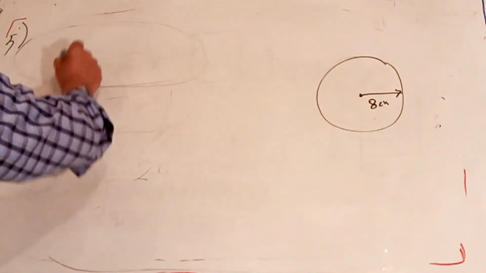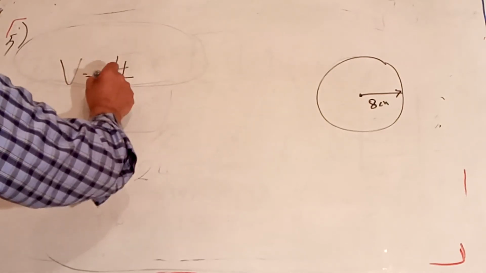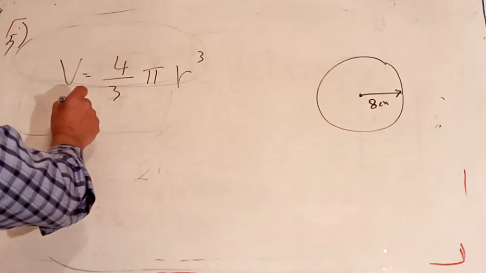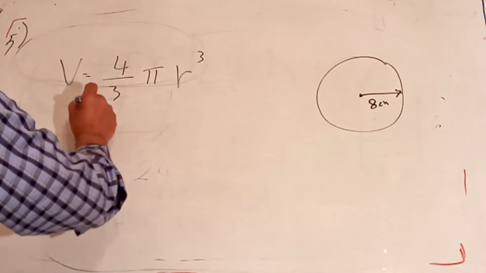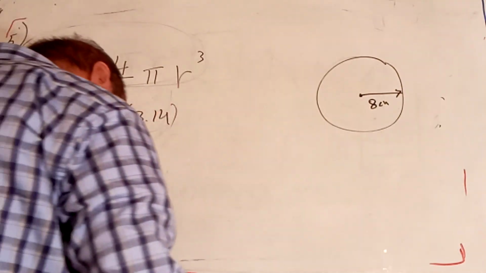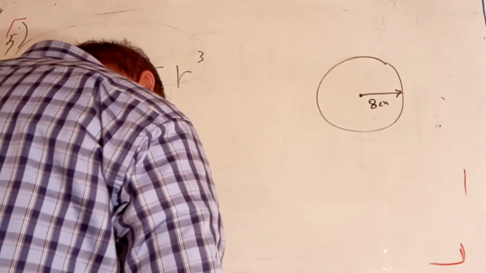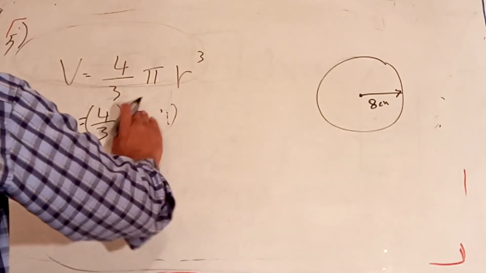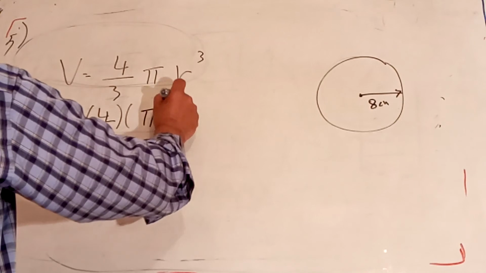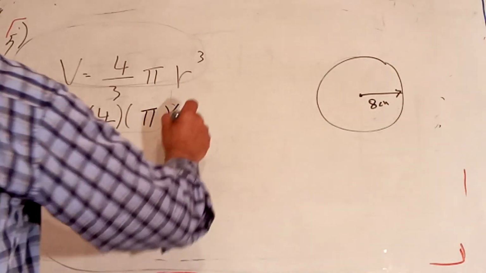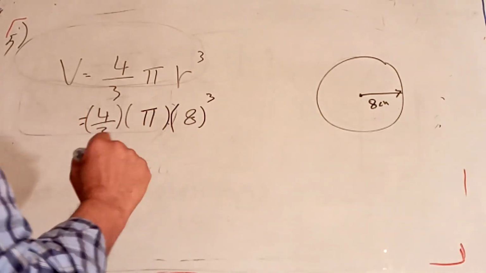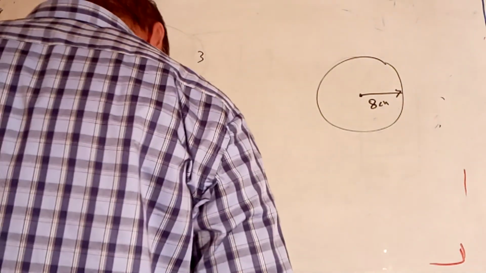Volume V equals 4/3 pi r cubed. Note the cube. If you don't want to use 3.14, you can just keep it as pi, it's okay. r cubed is 8 cubed, 8 multiplied by 8 multiplied by 8 multiplied by 4 divided by 3.